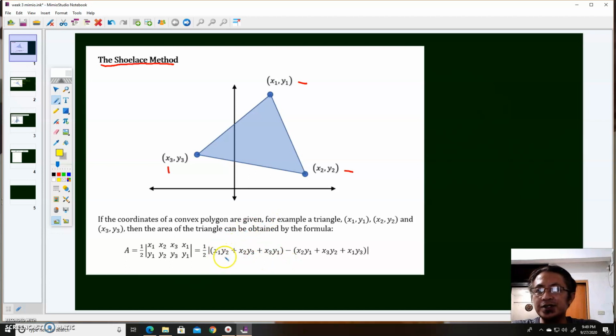Now look at this, x1y2 is this, x2y3 is this, x3y1 is this. So you see that, and then we will subtract the sum of these three products, these pairs. x2y1 is this, x3y2 is this, x1y3 is this. So as you can see, this looks like a shoelace. That's why the method is called the shoelace method.